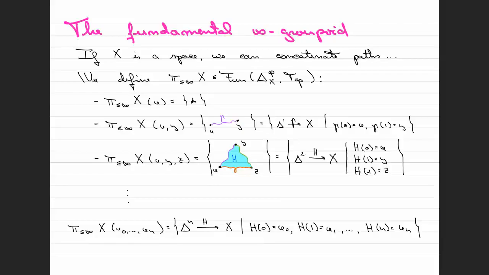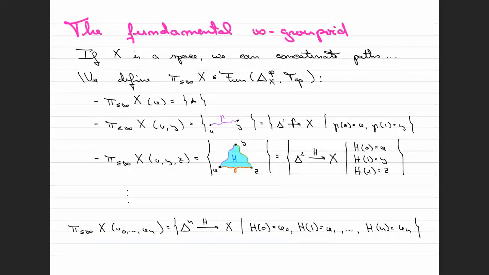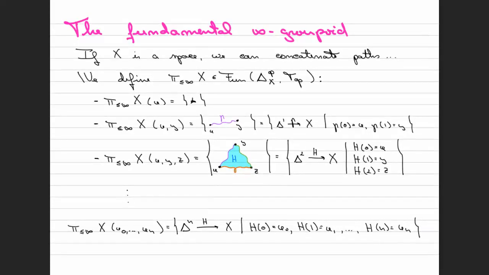But do you also get a category enriched in sets? Yes, you take pi zero, you take connected components. You can take it from here to set pi zero. It obviously factors.